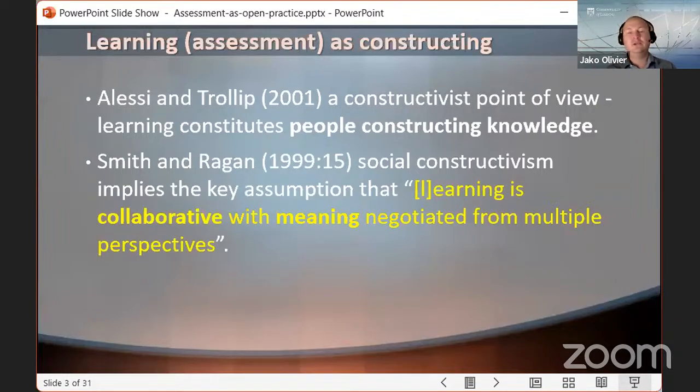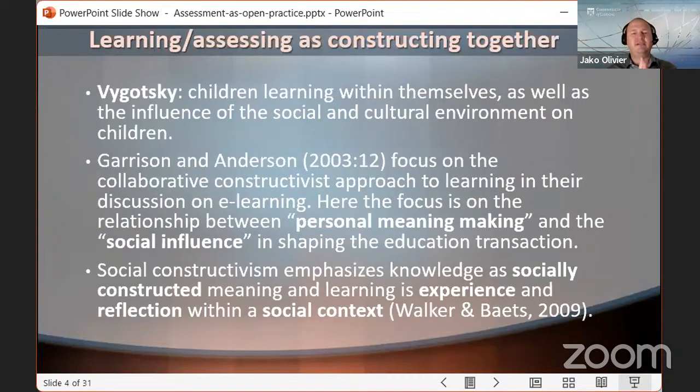So it's all about students creating or constructing knowledge. Importantly, we here look at learning being collaborative and being negotiated from multiple perspectives. So when we talk about renewable assessments, also keep in mind that could be collaborative activity. So students working together in creating an assessment artifact.